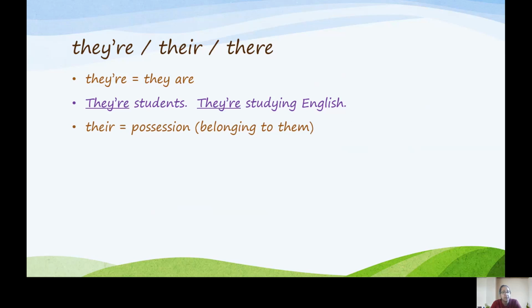This one, T-H-E-I-R, is the possession. It means that something belongs to them, a group of people, or perhaps a group of animals. For example, their names are Bob and Bill. This is their cat.